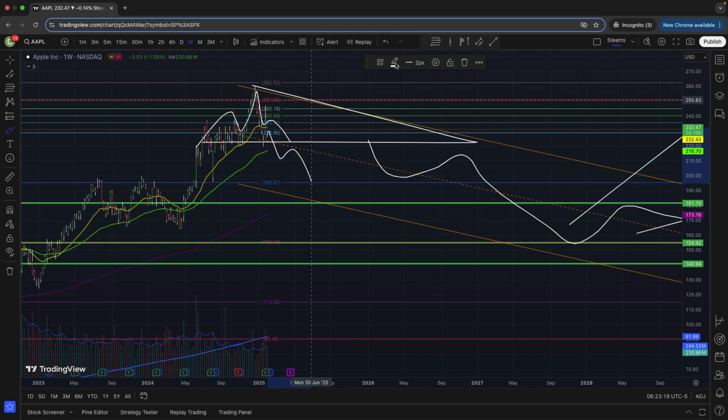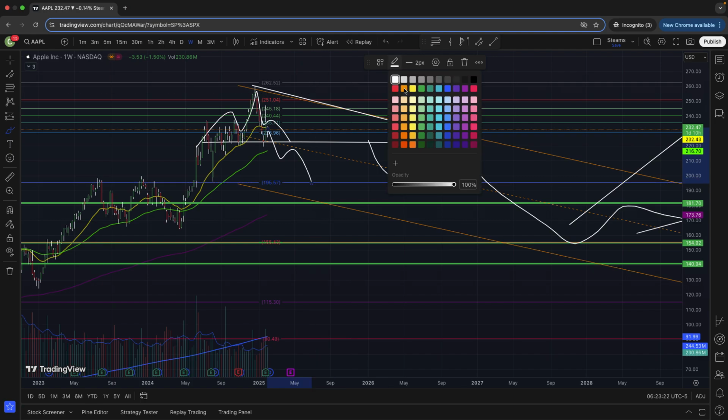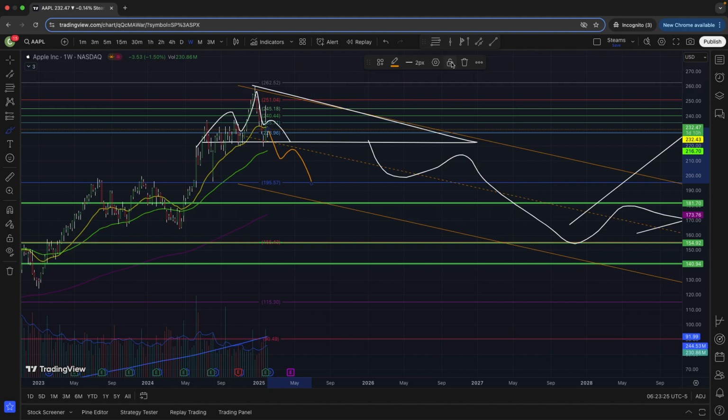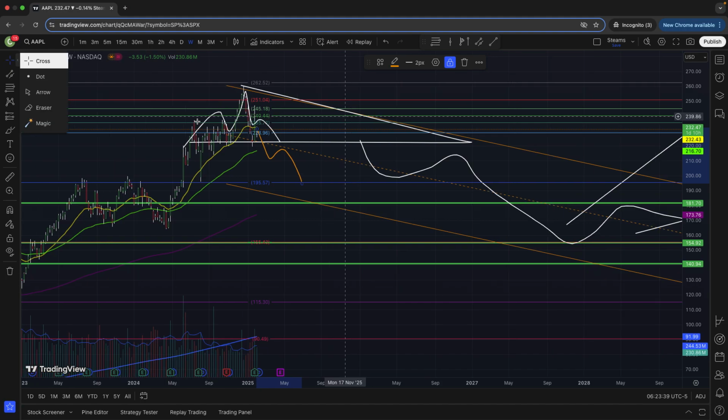So that's basically how I am watching for Apple. Just give it a couple of days, be patient. It's probably big money that's going to manufacture this move as they take profit. Due to the fact that Apple is a very large market cap company, to make it even move from here to here was probably billions of dollars.